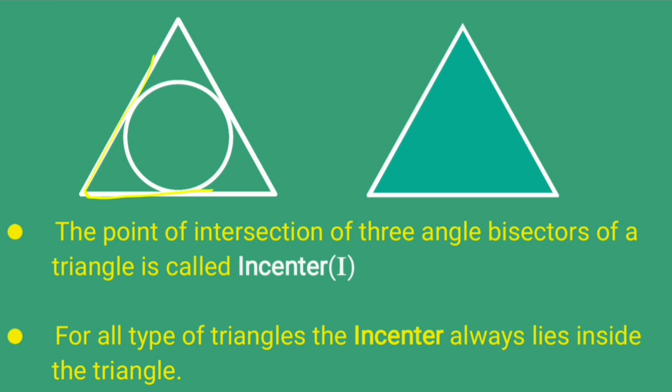a triangle is there, and inside the triangle one circle is present. So this circle is called the incircle.